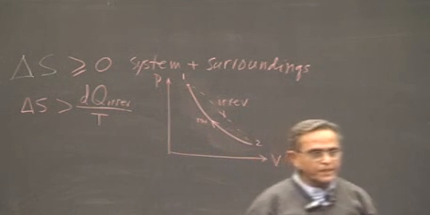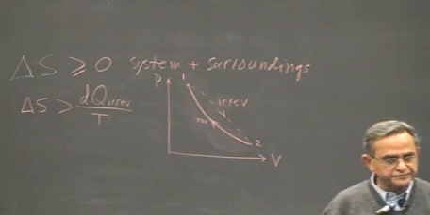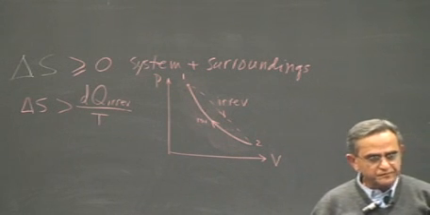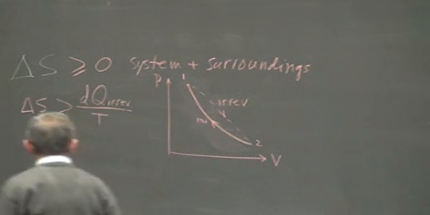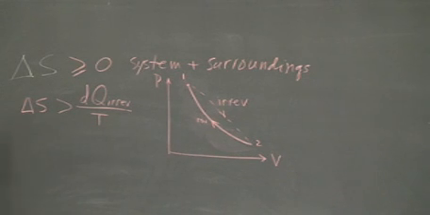Yes? Sir, the change in entropy that we're measuring, is it the change in the universe or the system? We will take this to be the change in entropy of the system. Okay?